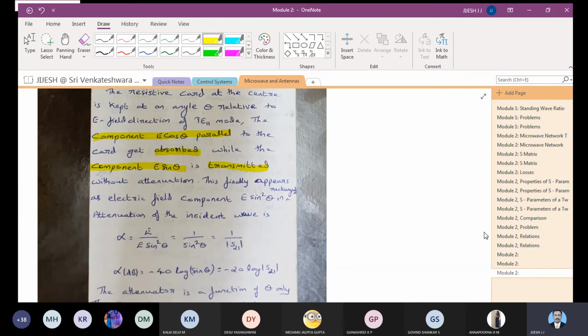Then we converted it into logarithmic form. Alpha will be in dB, so it will be minus 40 log sine theta, or minus 20 log S21. So these are very small equations to find out the attenuation.